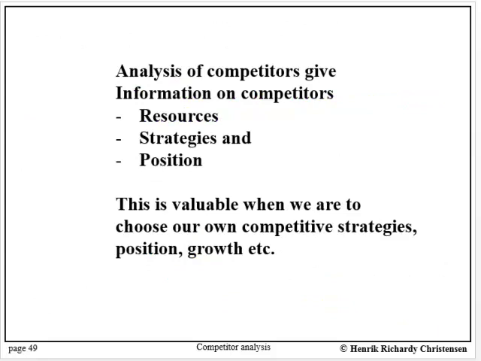Now, this analysis of competitors gives us information on what the competitors have for resources, their strategies, and their position. And this is valuable when we are going to choose our competitive strategies, how we would like to position ourselves, how we would like to grow, and make decisions in general about our survival in the marketplace.